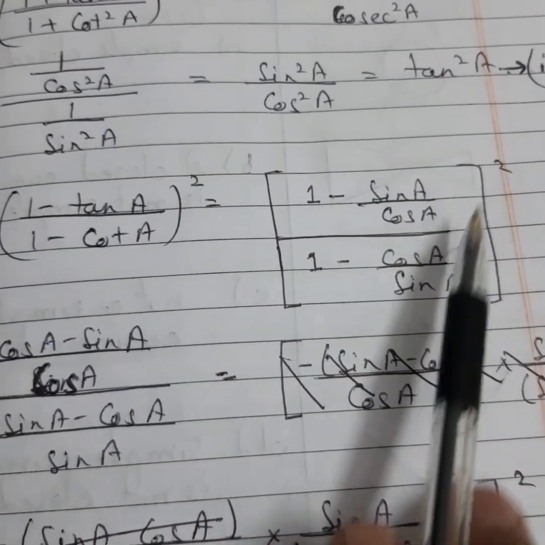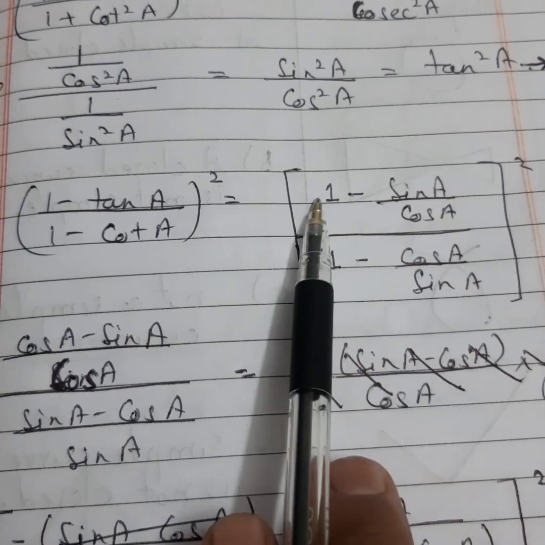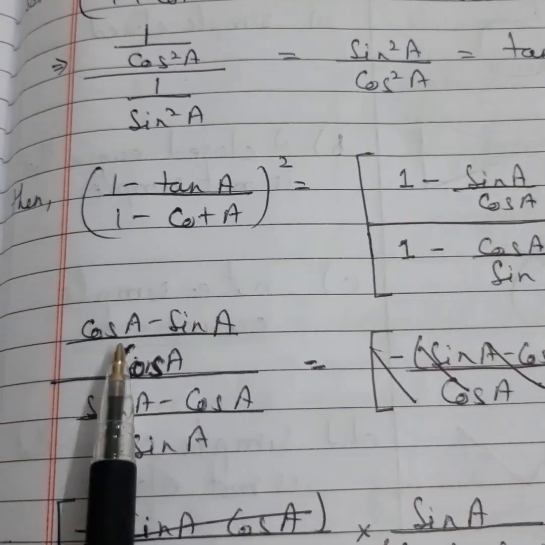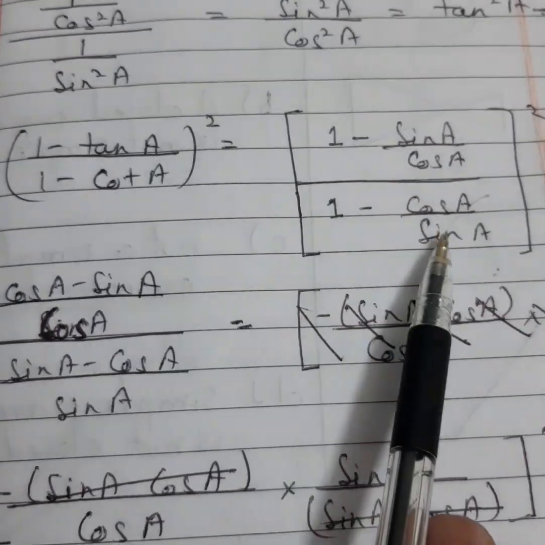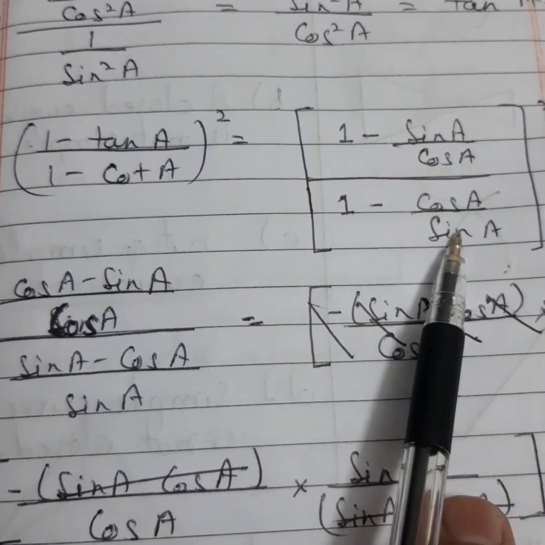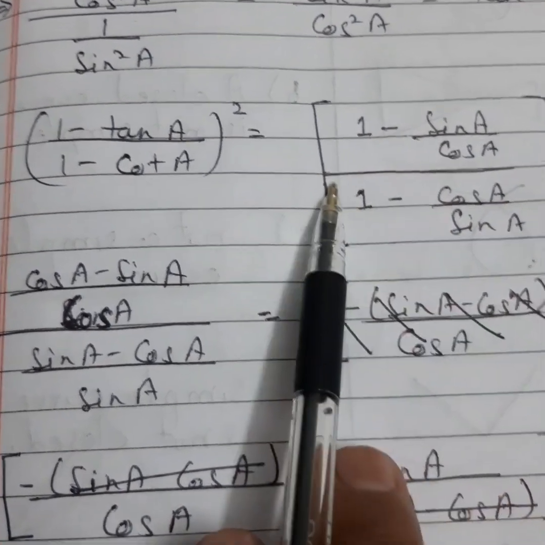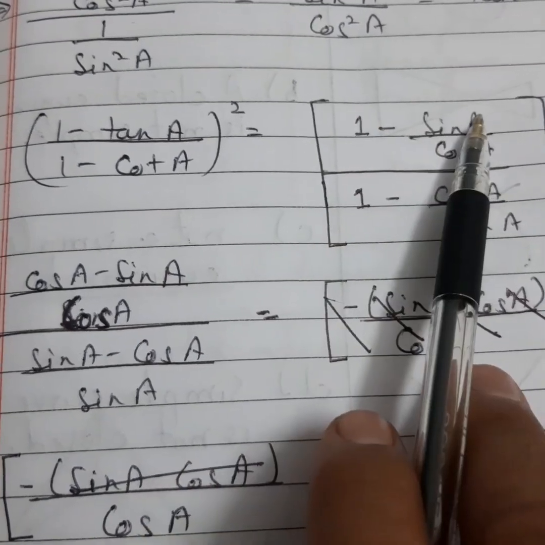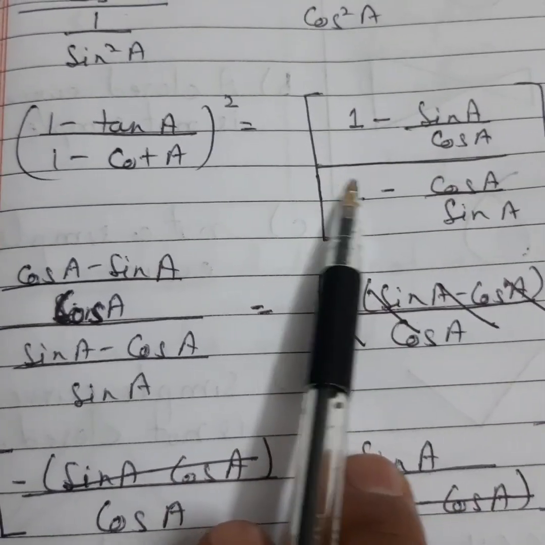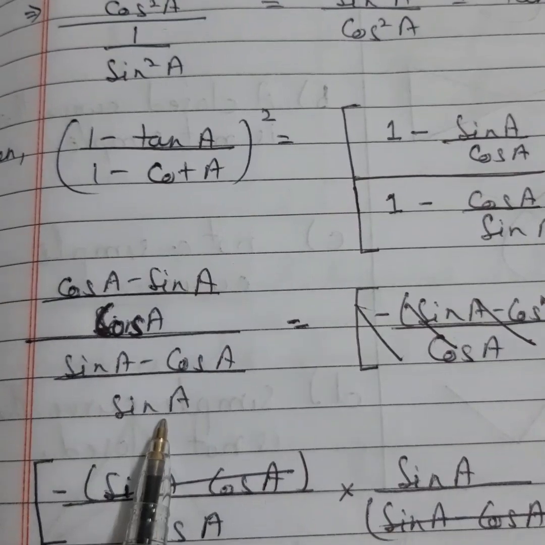Whole square. Take the LCM here, it will come (cos A − sin A)/cos A. And when we take the LCM in the denominator, sin A will be the LCM, and (sin A − cos A)/sin A. We have to do the cross multiplication. So cos A − sin A, sin A − cos A, right?